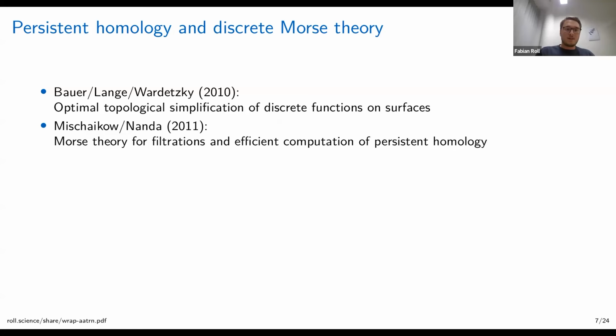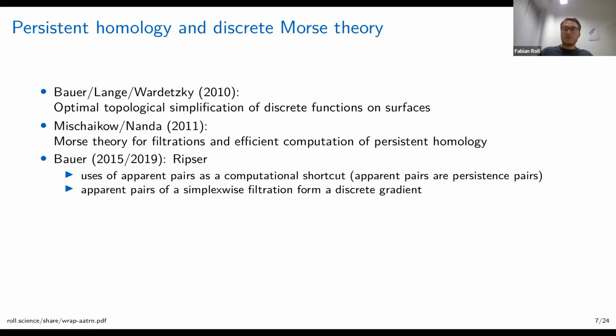The first reference I found is a paper from Bauer, Lange, and Wardetzky that used a connection between persistent homology and discrete Morse theory for the optimal simplification of discrete functions on surfaces. And there's also a paper by Mischaikow and Nanda that used discrete Morse theory for filtrations to pre-process filtrations in order to get efficient computations of persistence.